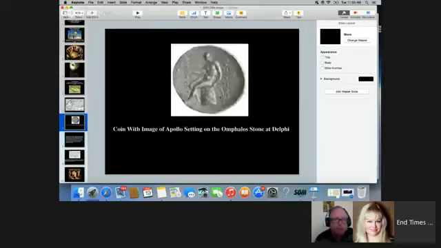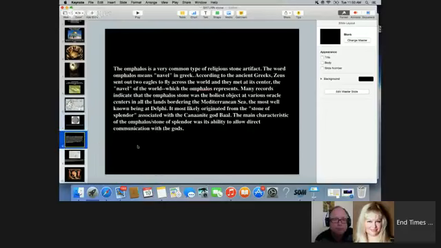This is a coin with Apollo sitting on the Omphalos Stone at Delphi. The Omphalos is a type of religious stone artifact. It means navel in Greek. There's a Greek story about Zeus sending his eagles to fly over the world and finding the center of the world.